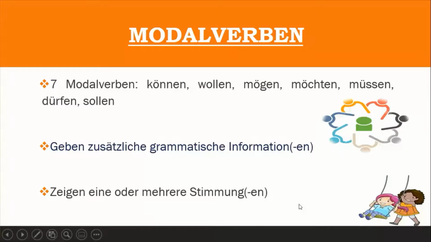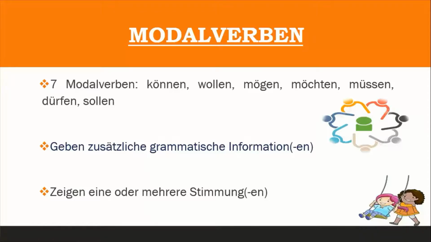So the main verbs, which are represented by this green person in the first picture or by this girl on the swing, can exist on their own, can do things on their own, or can show something on their own in a sentence and question, and they will not really be needing the modal verbs.